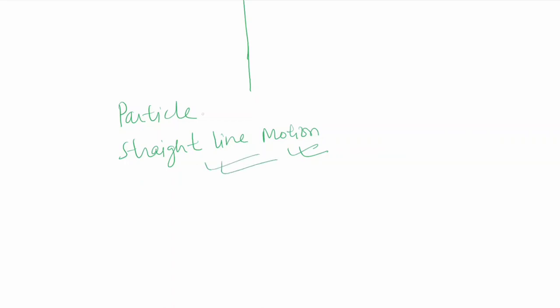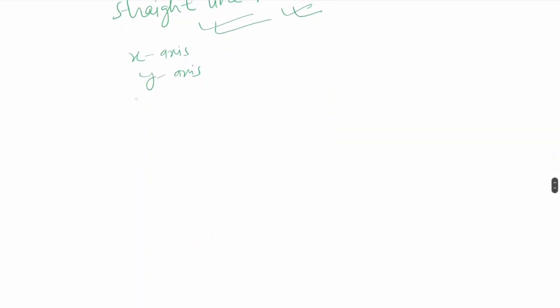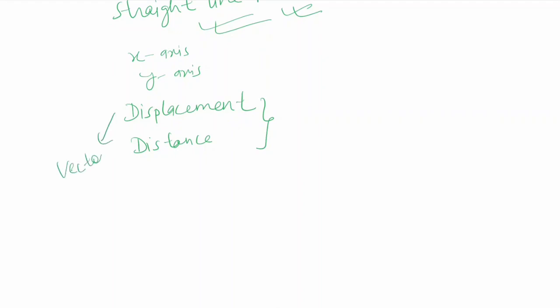We have defined the use of x-axis, y-axis, and the terms displacement and distance. We have also seen the difference between these two quantities, and that this is a vector quantity and this one is a scalar quantity.